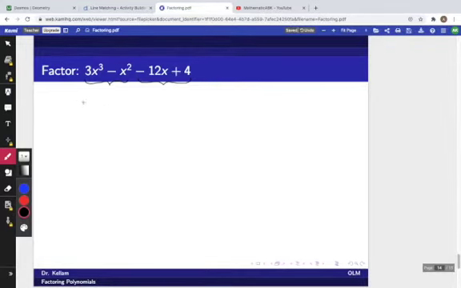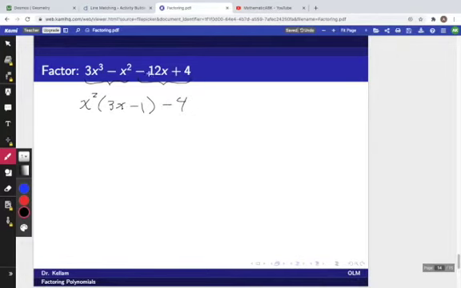The first two terms have an x squared. That leaves us with 3x minus 1. The second two terms have a negative 4.